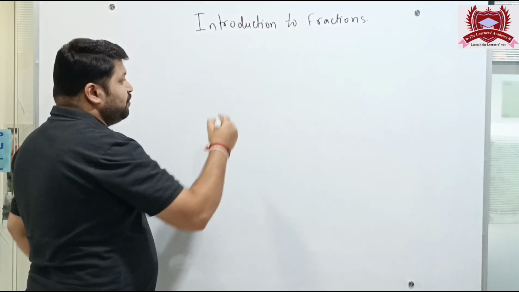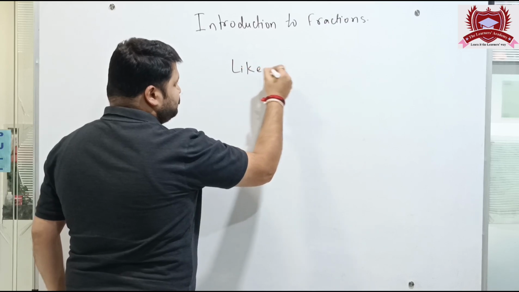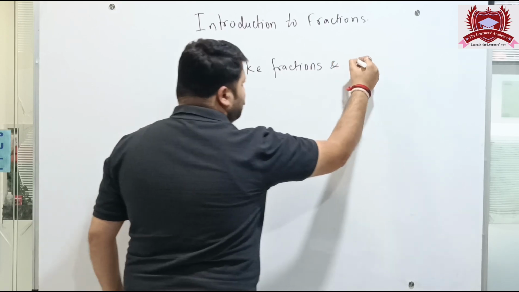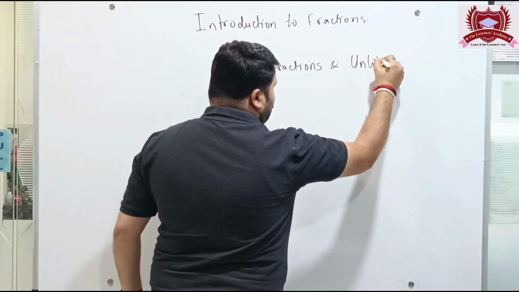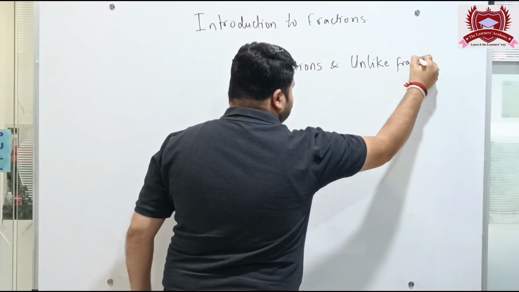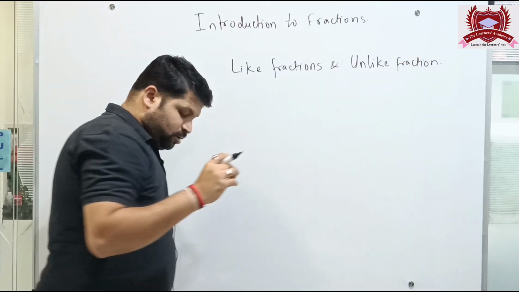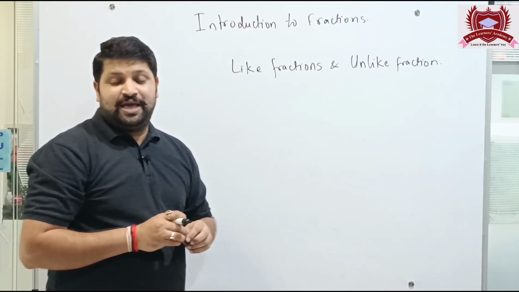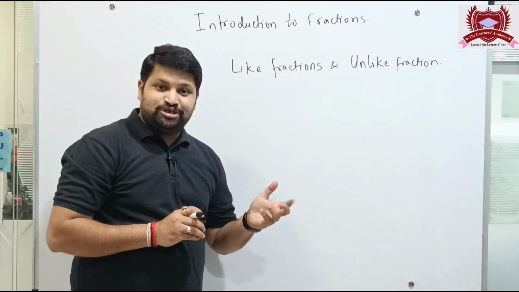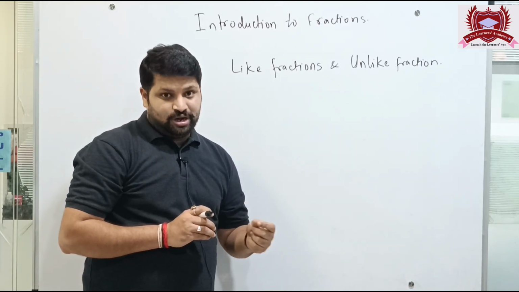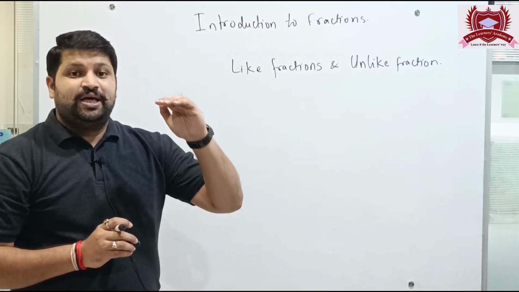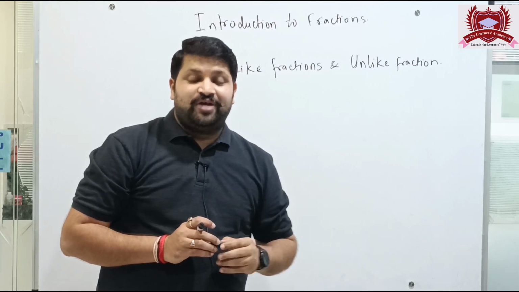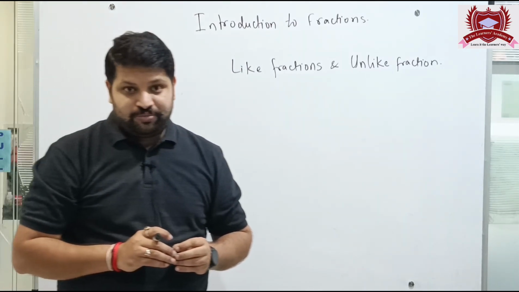So let us talk about like fractions and unlike fractions. As I have discussed before this, like fractions would have the same denominators. Unlike fractions would have different denominators. Now when I say same denominators and different denominators, I am considering the fractions to be in their simplest form.